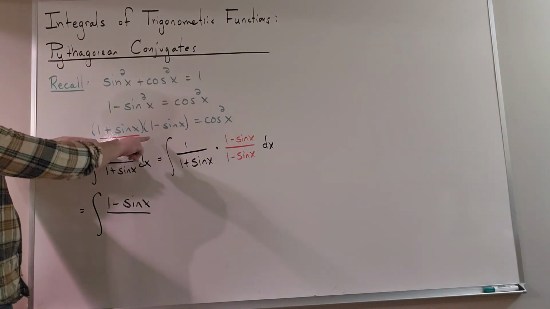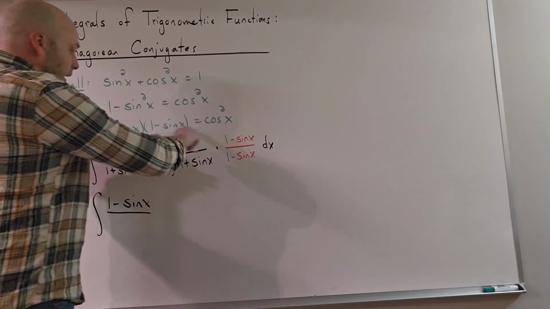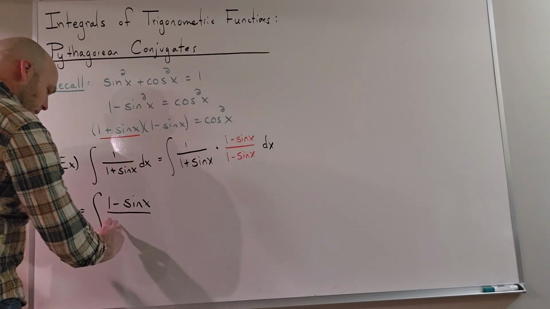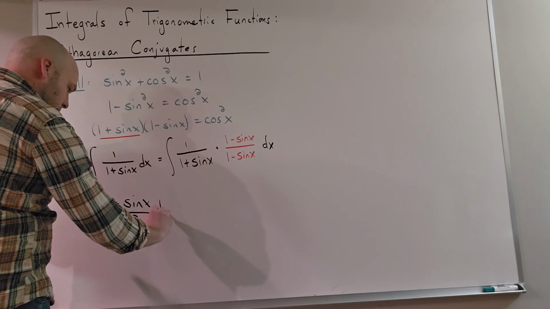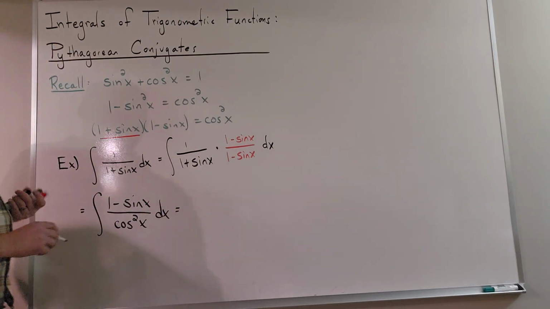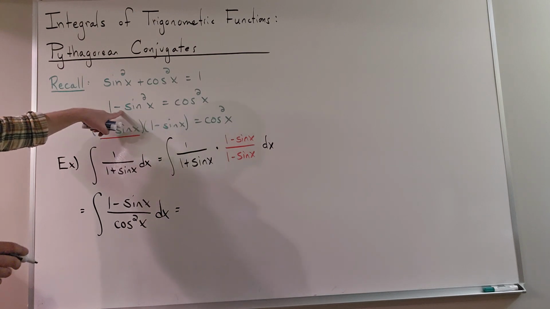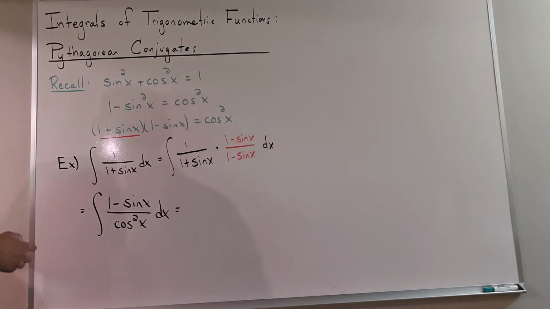And we see up above, I take 1 plus sine and multiply by 1 minus sine, and if I FOIL that and simplify it, I'm going to get cosine squared. Because 1 plus sine multiplied by 1 minus sine would simplify to 1 minus sine squared, but then 1 minus sine squared, from the Pythagorean identity, gives you cosine squared.